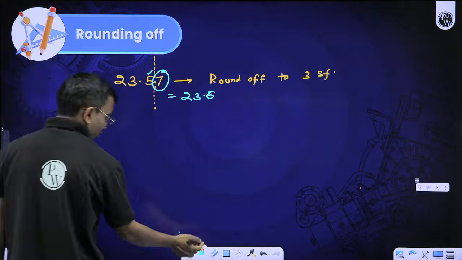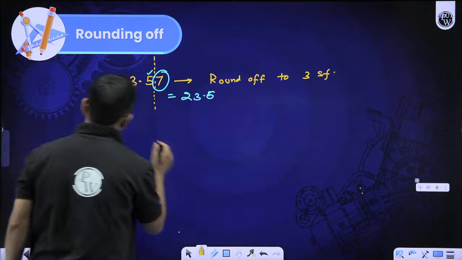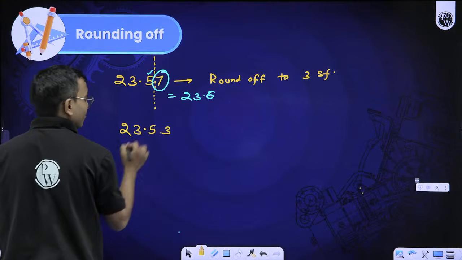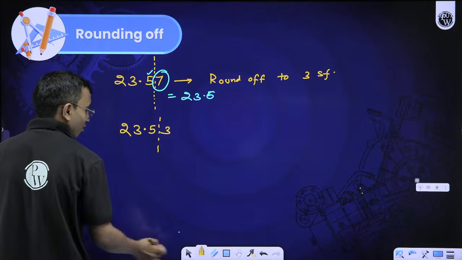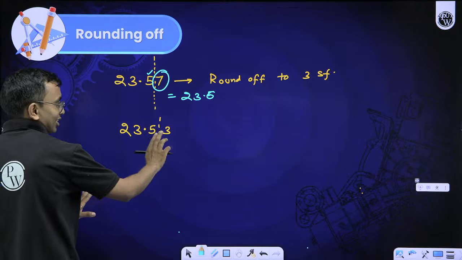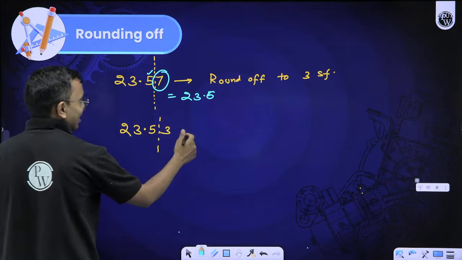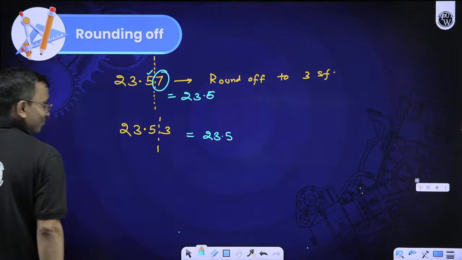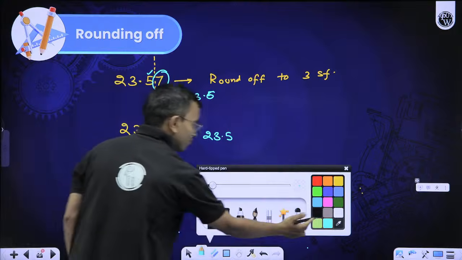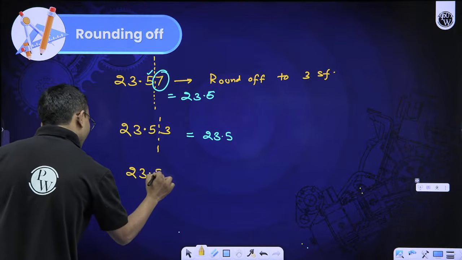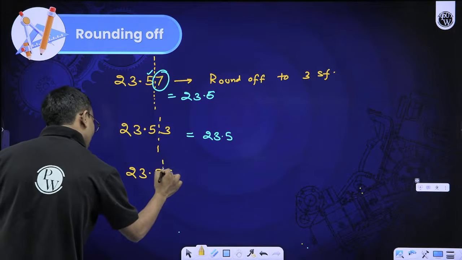What if this is 23.53? You have to round off, then just remove it. Don't increase this time. It will just become 23.5. What if it is 23.55, and you ask to round off?